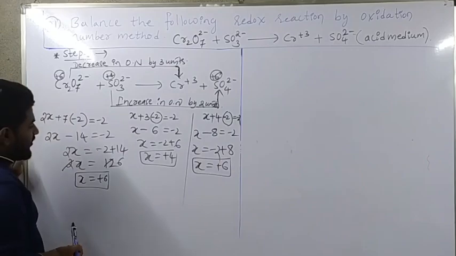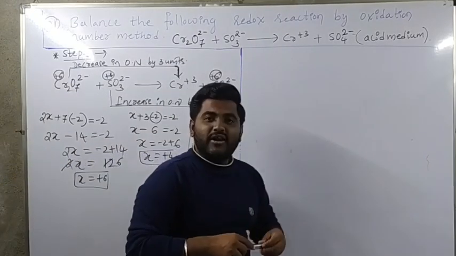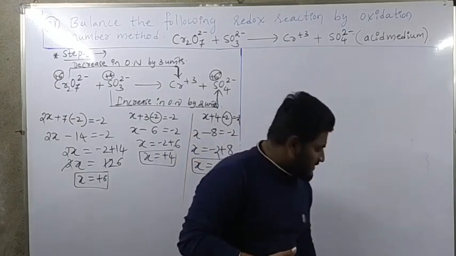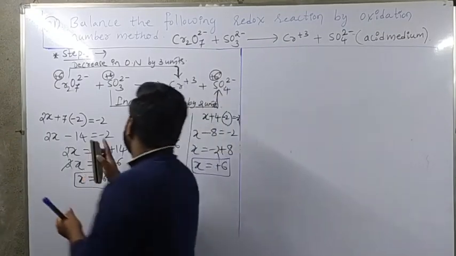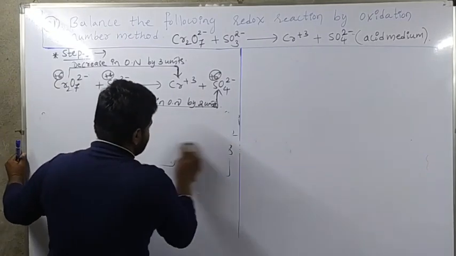So step 2. What you have to write in step 2? Carefully see, guys. First I will rub all these things. First I will rub that and then we will write it.